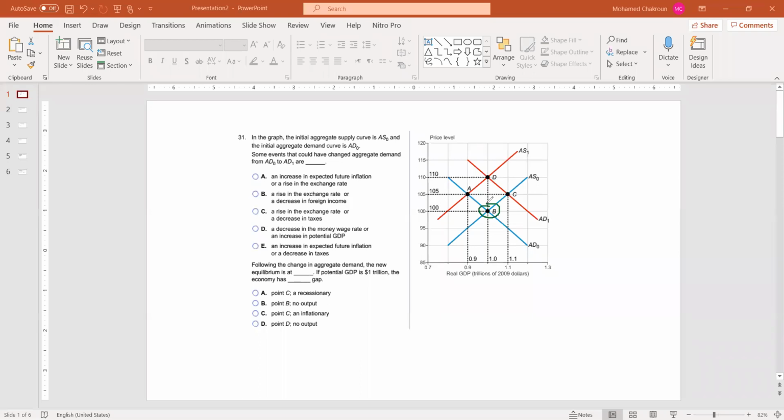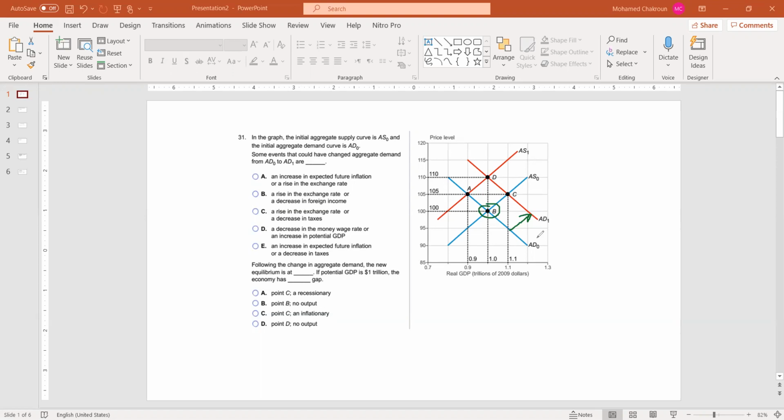And then the question says some events that could have changed aggregate demand from AD0 to AD1. So it's clear that we are talking about this shift from AD0 to AD1. And here I would like to ask, does the shift from AD0 to AD1 correspond to an increase in aggregate demand or to a decrease in aggregate demand?